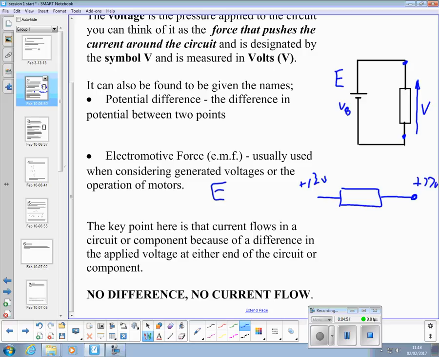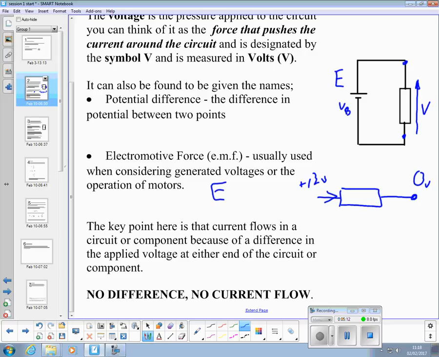If we make this terminal 0 volts or anything lower than that, current will flow that way.